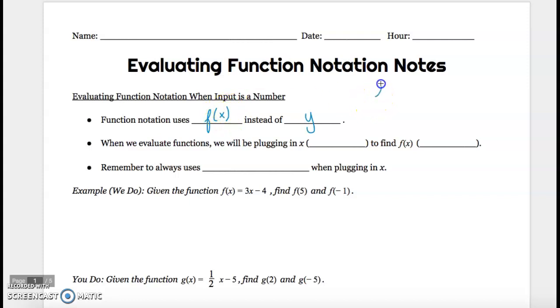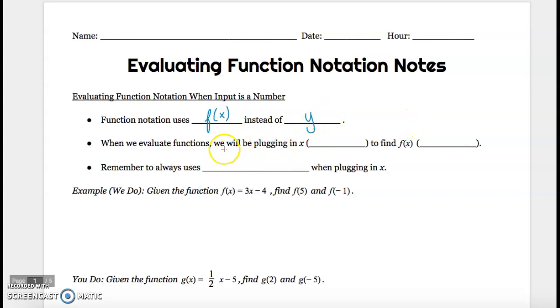So if I told you f of 4 equals 5, I know that whatever function I had originally, when I plugged in 4, I got out 5, and that usually tells us a lot more than if you just wrote y equals 5. I don't know what my input was, and so this gives me a little bit more detailed information about what I'm working with.